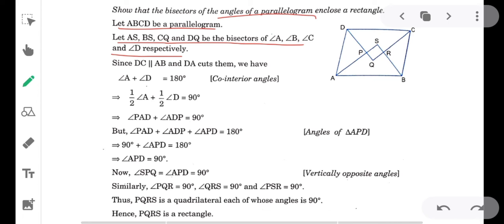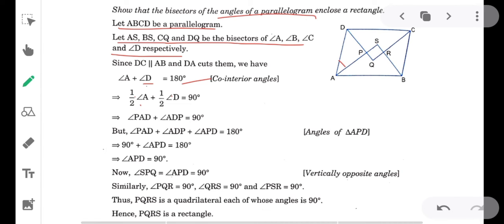If angle A plus angle D equals 180 degrees, then half of A plus half of D equals half of 180. We are multiplying by 1 by 2 on both sides, right? So 1 by 2 into A plus 1 by 2 into D equals 1 by 2 into 180, that will be 90 degrees.